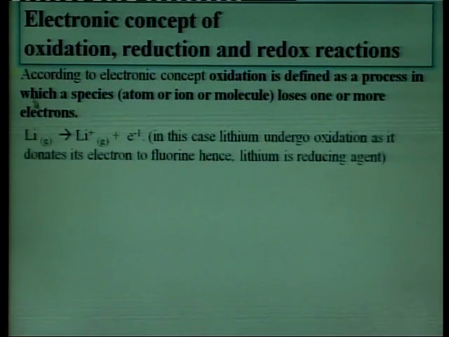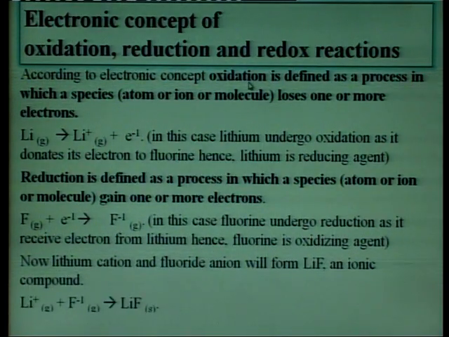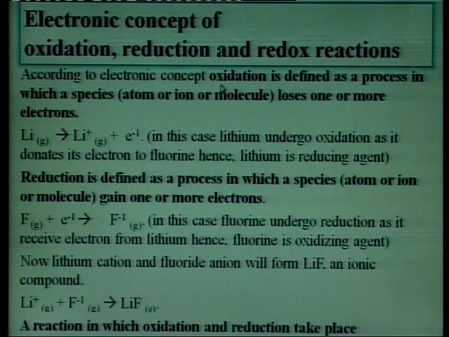According to the electronic concept of oxidation and reduction, oxidation is defined as a process in which a species, meaning an atom, an ion or a molecule, loses one or more electrons. Let us recollect the previous example: lithium loses an electron.